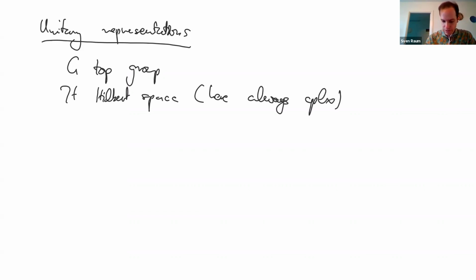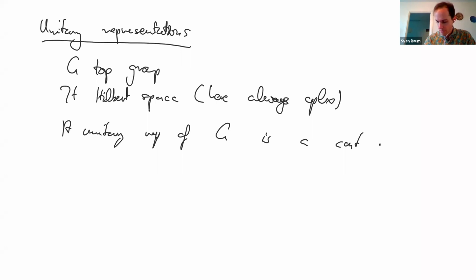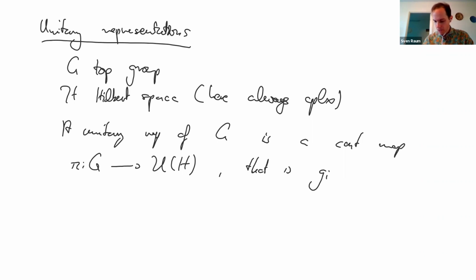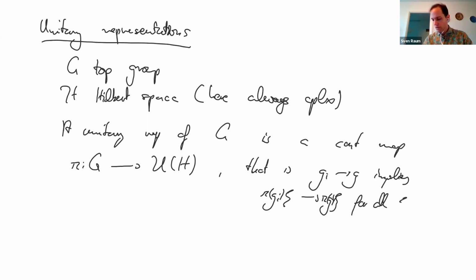Then a unitary representation of G is a continuous map from G to the unitary group of H, meaning g_i converging to g implies π(g_i)ψ converges to π(g)ψ for all ψ.